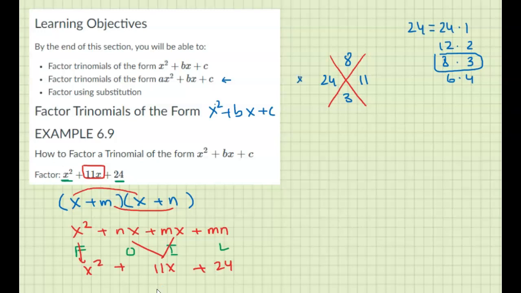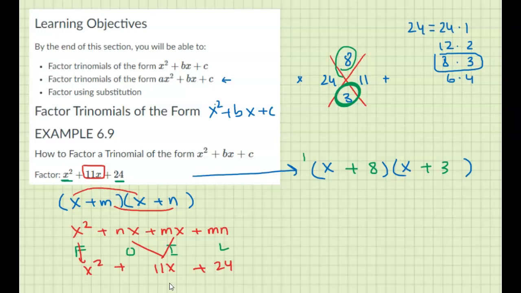So when I factor this, the answer is going to be in two parentheses. The x squared splits up into x times x, and the two numbers, the 8 and the 3, I need to put in these places, 8 here and 3 here. It doesn't matter if you have 8 and 3 or 3 and 8, because multiplication can be done in any order. And this is the factored form.